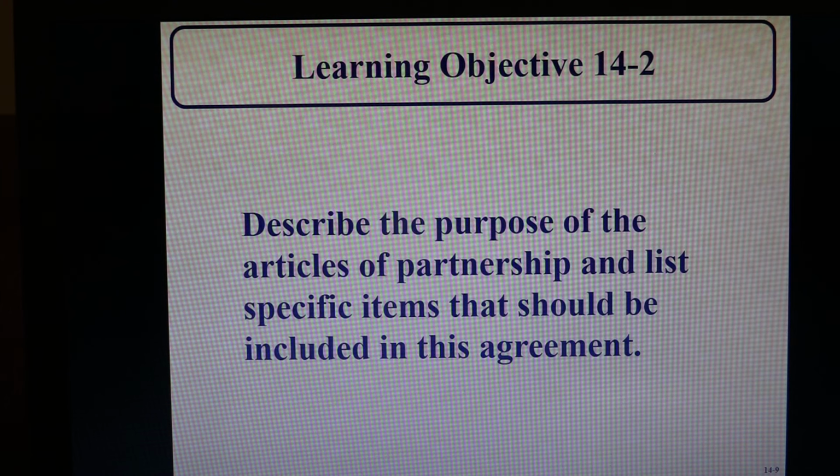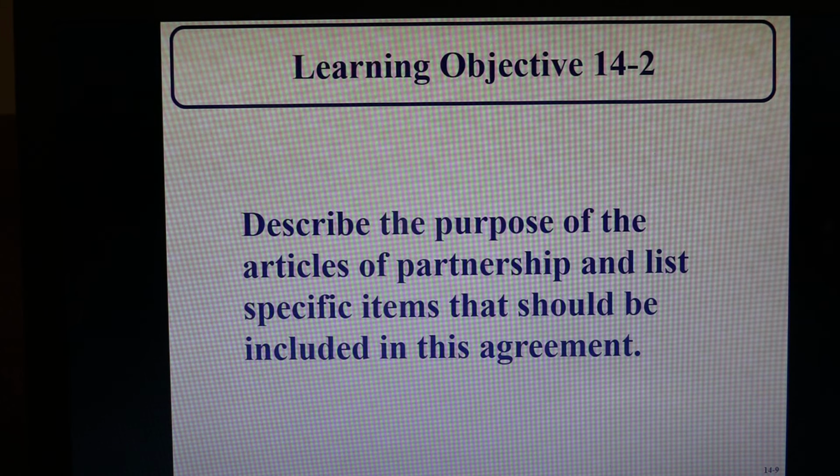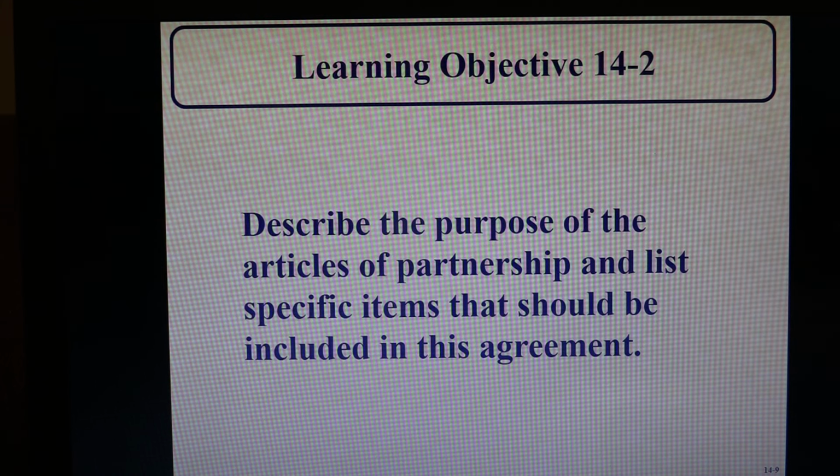You have to have shareholders. You have to have a board of directors. You have to have regular meetings. There's a lot of stuff that you have to do to be a corporation required by law. Not so much here.